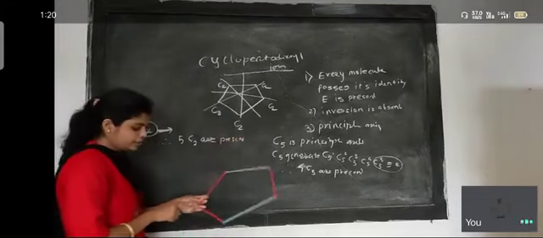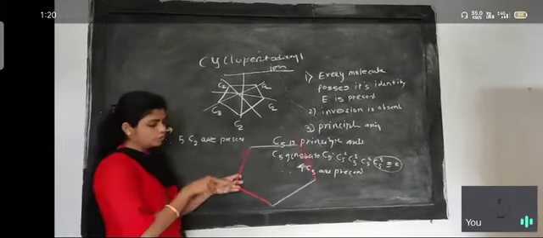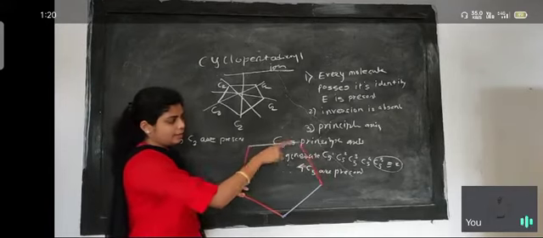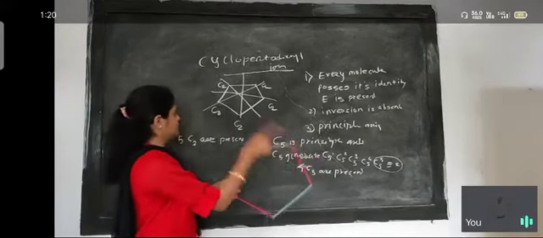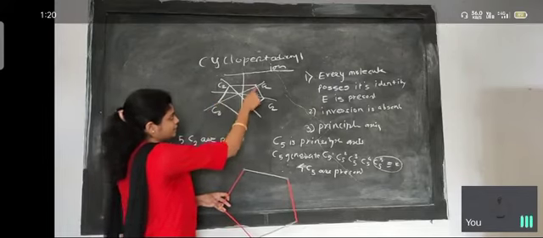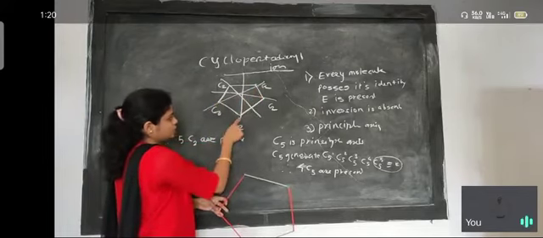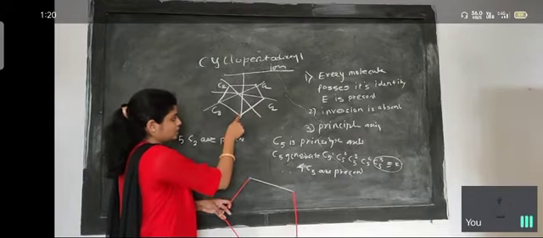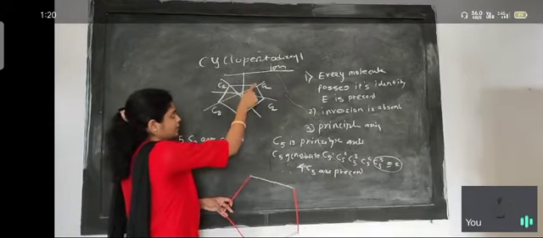See here, each C2 passes through one carbon atom and bisects the opposite carbon-carbon bond. This C2 passes through this carbon and bisects this bond. Again, another C2 passes through this carbon and bisects the carbon-carbon bond.